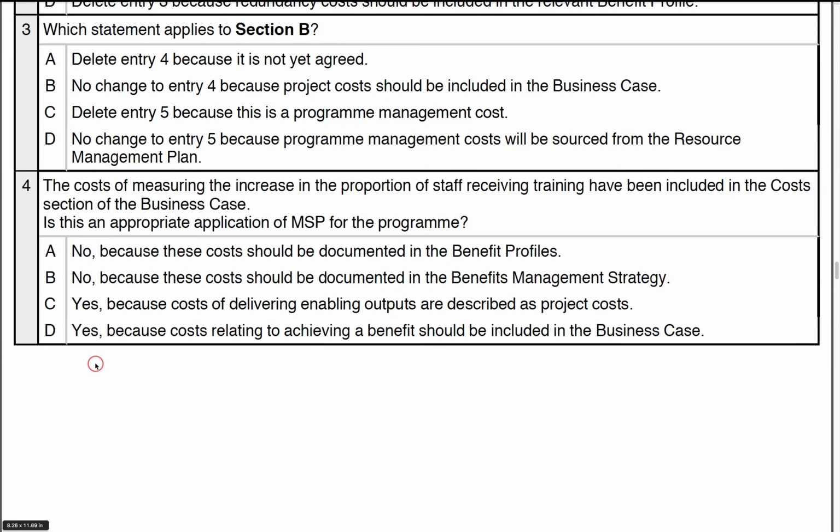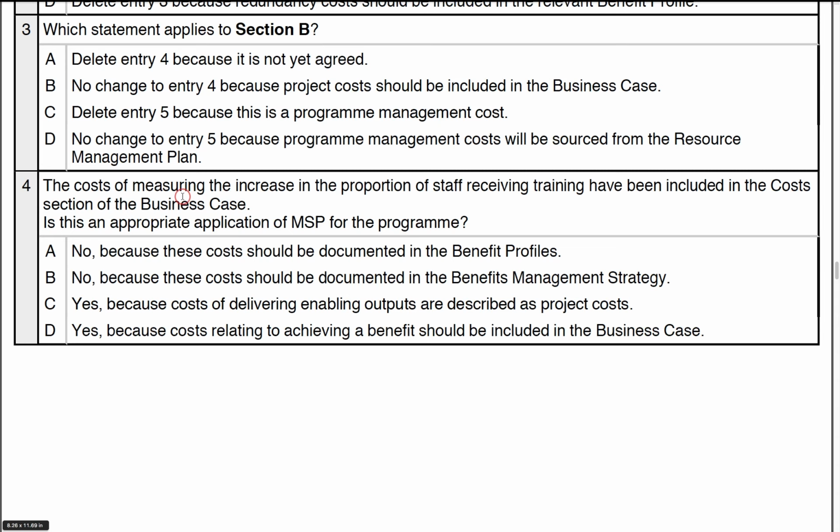Right. So question 4. We've got no and yes. So this is one of these questions where we look at the statement and decide whether it's no or yes, and then work out from there whichever one we've got left, and also provide a rationale behind it. So it says that the cost of measuring the increase in proportion of staff receiving training have been included in the costs for the business case.